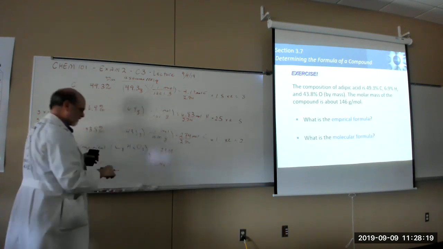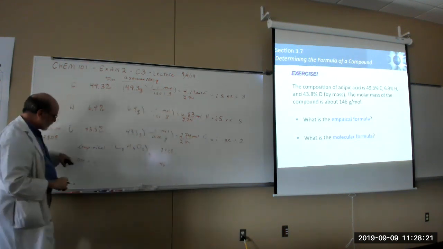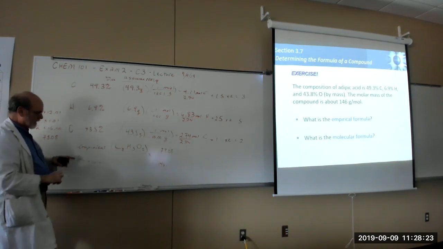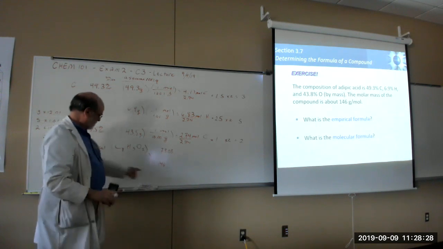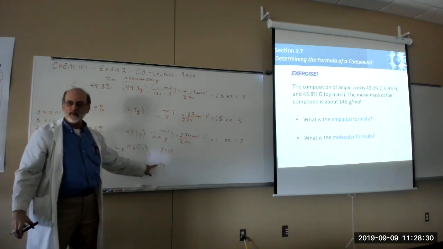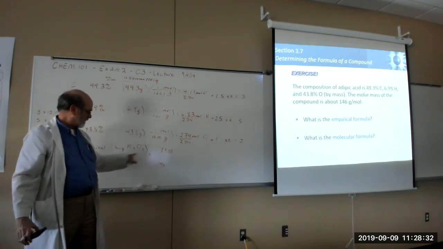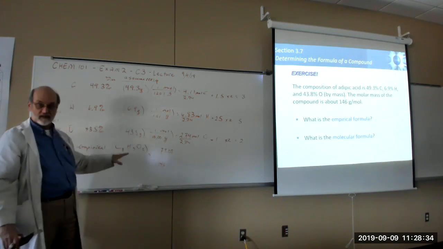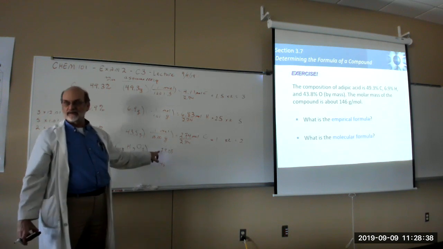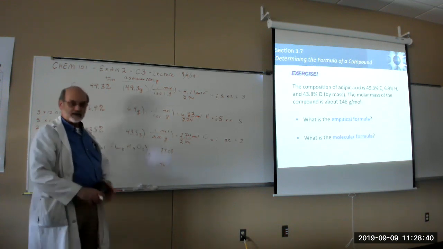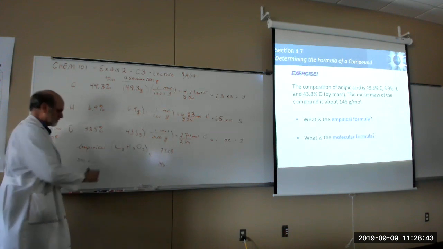So if we ratio these two, right? If x is equal to 1, this should be 73.08, shouldn't it? Right? Because it's the same formula for both of them. If this one's 2, then this one should be double that one, right? Which is what we got, right?